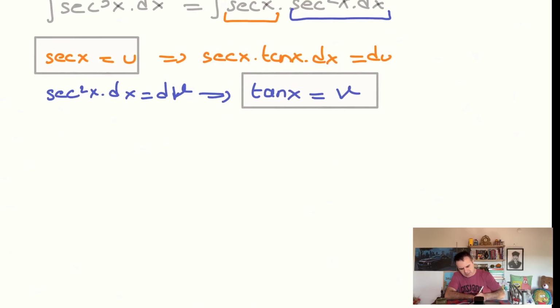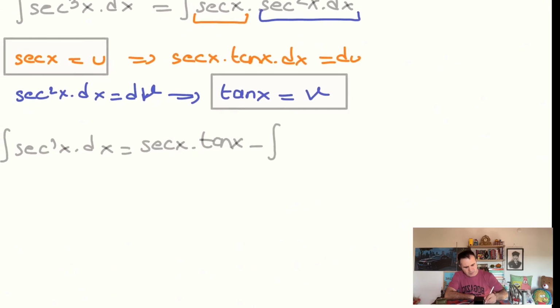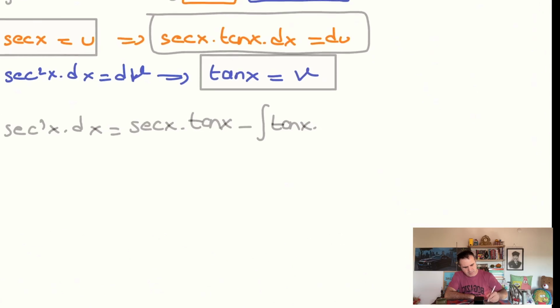Integration by parts says that the integral of secant cube x dx will be u times v. U is secant x times v, tangent x, minus the integral of v times du. V is tangent x, du is secant x tangent x dx. Secant x tangent x, let's say tangent square of x here, dx.